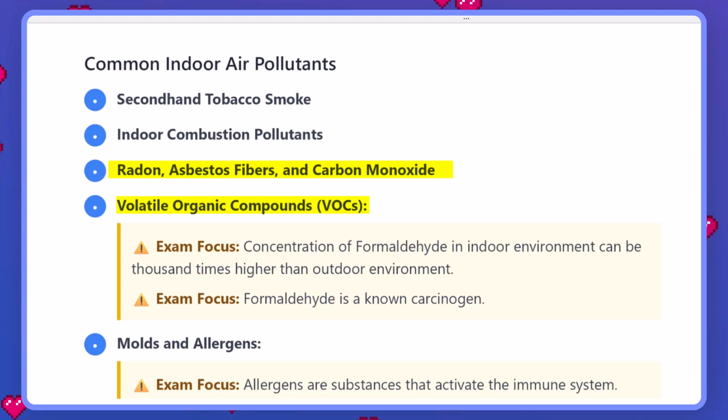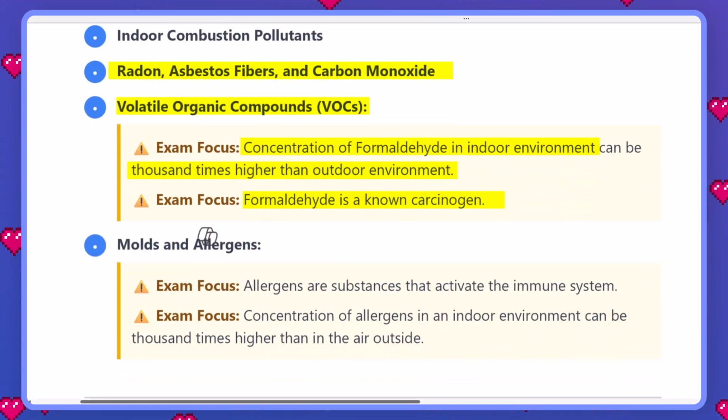Volatile organic compounds also play a critical role indoors. A very important exam-focused fact is that the concentration of formaldehyde inside buildings can be 1,000 times higher than in outdoor air. Formaldehyde is a known carcinogen, making this a high-risk indoor pollutant.